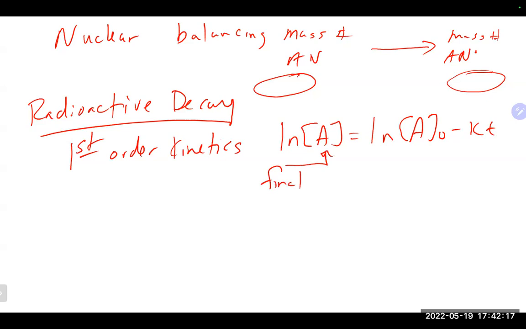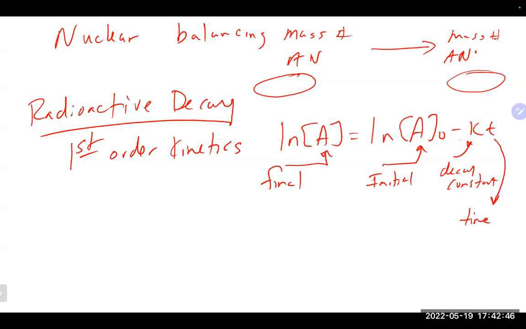Also, we saw we could use radioactive decay, like counts per minute or disintegrations per minute. Here A naught is your initial. This k is the rate constant in kinetics, referred to usually as the decay constant in nuclear chemistry. And a reminder that t here is time, not temperature or anything like that, but it is time.